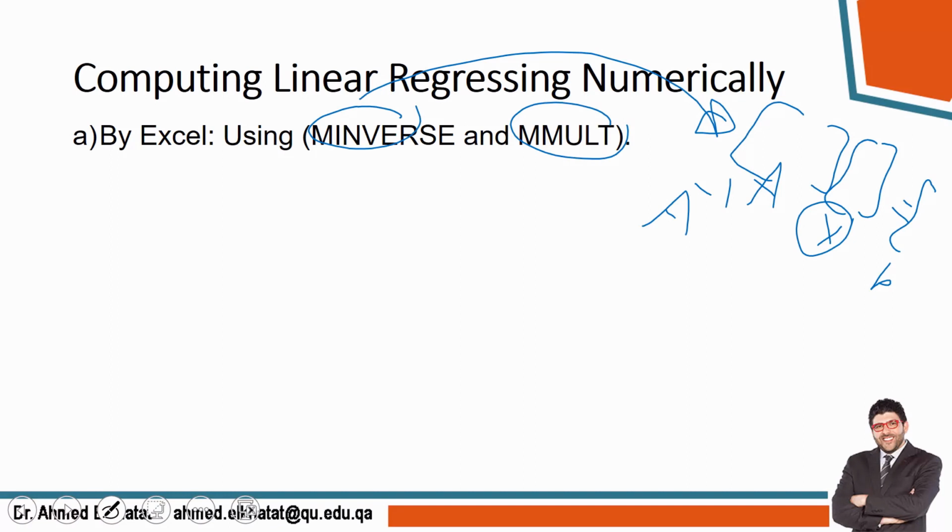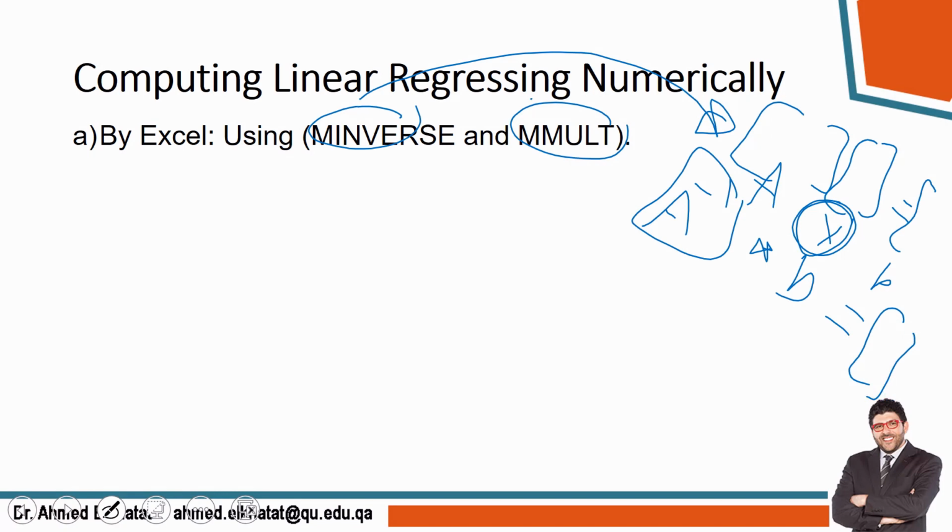Then we find X using the MMULT function to multiply A inverse times B, so we can find the X array.